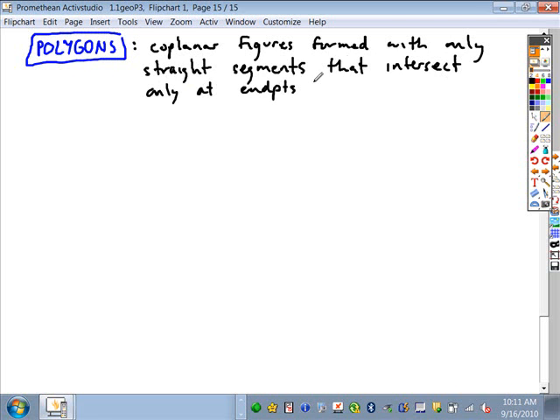Okay, so when we look at this, the conditions that have to apply for something to be a polygon: it has to be coplanar. Okay, it has to be a figure, and by figure means it has to enclose a space.